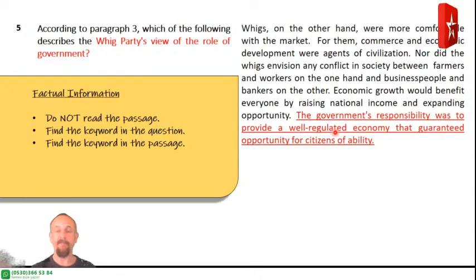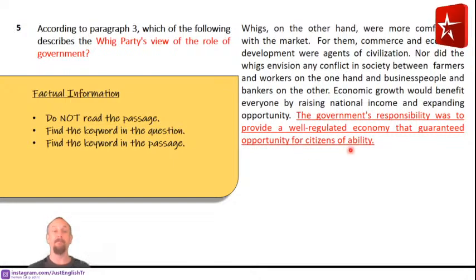So we're going to limit the information we need. We know responsibility here is in 1 line. Not 2, not 3. We only need this information. This information we do not need. The government's responsibility was to provide a well-regulated economy that guaranteed opportunity for citizens of ability. Well, what's the next step?